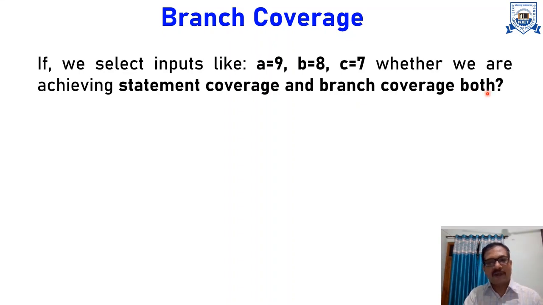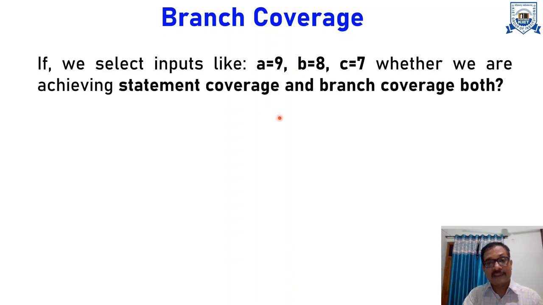In other words, whether statement coverage and branch coverage both are achieved with the help of this test case. Already in the previous slide you have seen that with this input value a equals 9, b equals 8 and c equals 7, we are able to achieve statement coverage.